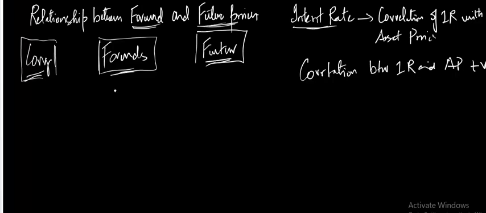Now, let me now talk about if there is a rise in the price. If there is a rise in the price, the long party that has entered into the future contract will withdraw the margin.